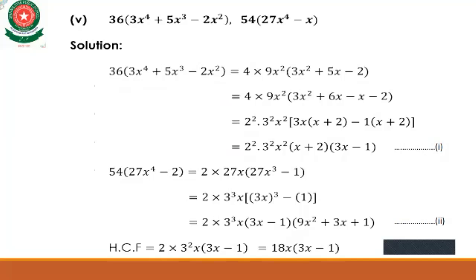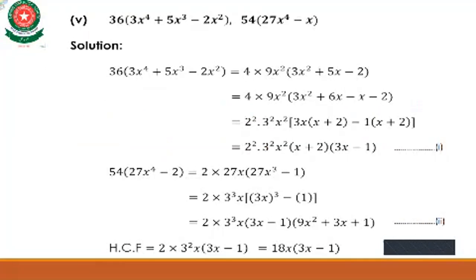Our last question of today's lecture is 36 into 3x power 4 plus 5x cube minus 2x square, and 54 into 27x power 4 minus x.